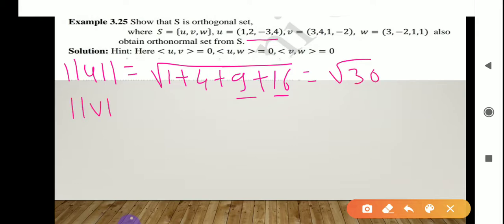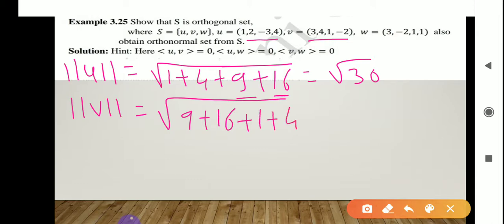Similarly, find the norm of v. The norm of v is the square root of, v is this: 3 square is 9, plus 4 square is 16, plus 1 square is 1, plus minus 2 square is 4. That is the square root of 16 plus 4 is 20, and 20 plus 9 plus 1 is 10, that is also 30.